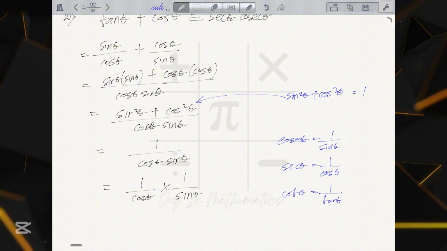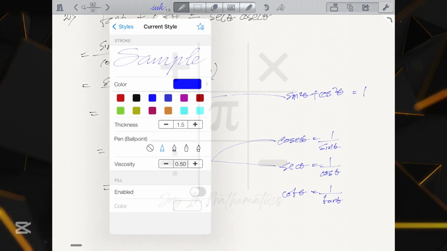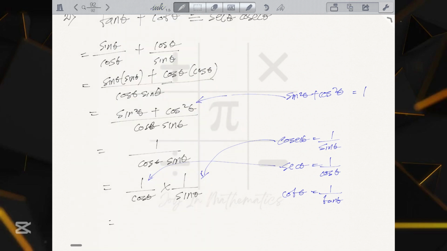So with this, we can say 1 over sin theta is equal to cosec theta, and 1 over cos theta is equal to sec theta. So making our substitution, we have 1 over cos theta, which is sec theta, and 1 over sin theta, which is cosec theta, which is equivalent to what we have in the right hand side.